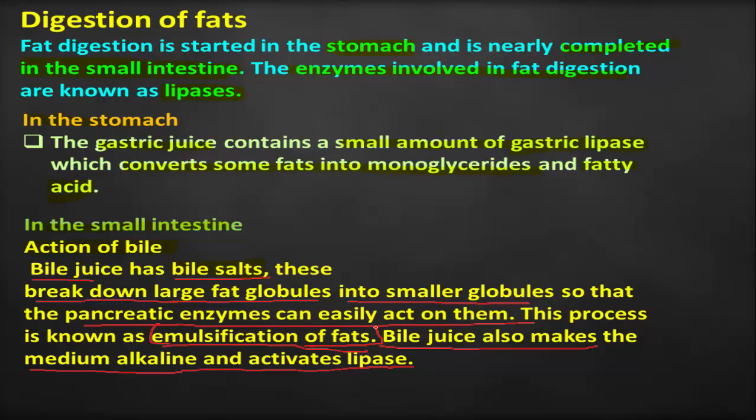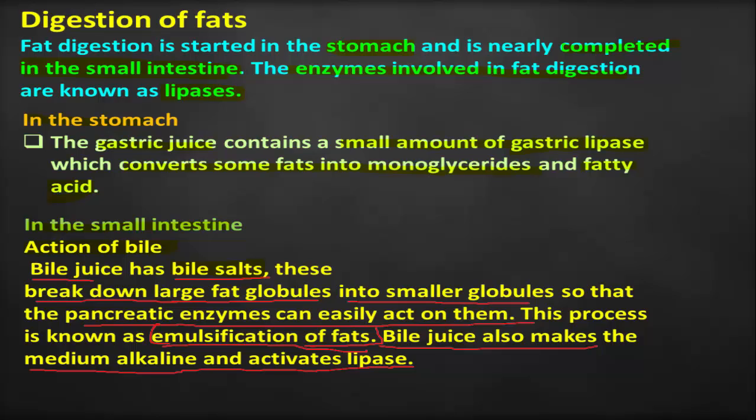This is a very important part with respect to the digestion of fats. For the complete digestion of fats, the required process is emulsification. What is emulsification? The bile salts are sodium and potassium glycocholate and taurocholate. These are the bile salts, along with the bile pigments bilirubin and biliverdin, but here I am talking about bile salts.